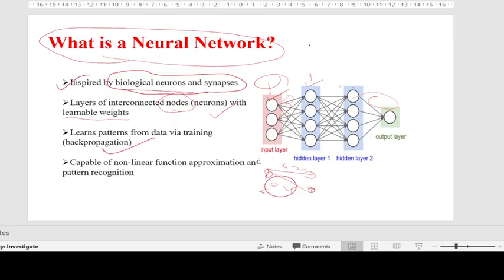We have some data, and the neural network learns from this data how it is organized. Then it applies this to real-time applications, where we predict or classify whatever we want based on our requirement. Backpropagation means, for example, the output is 0.9 but you want the output to be 0.99.